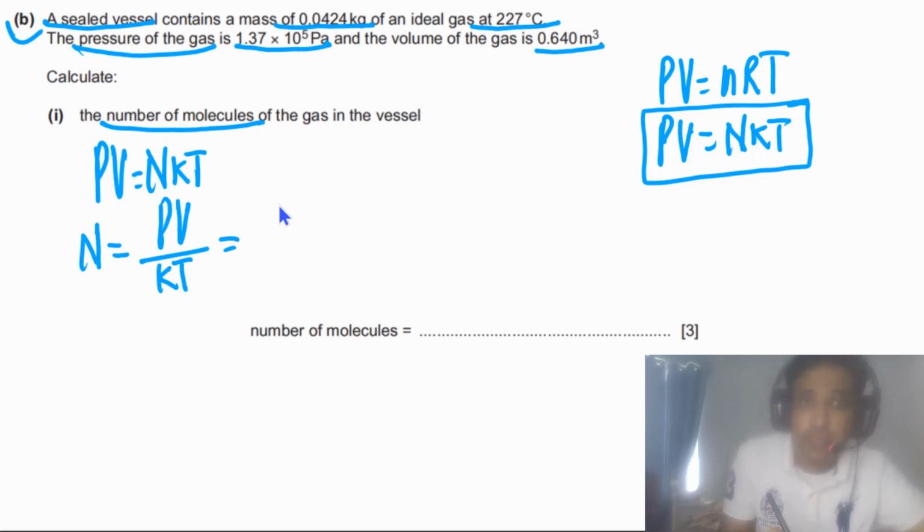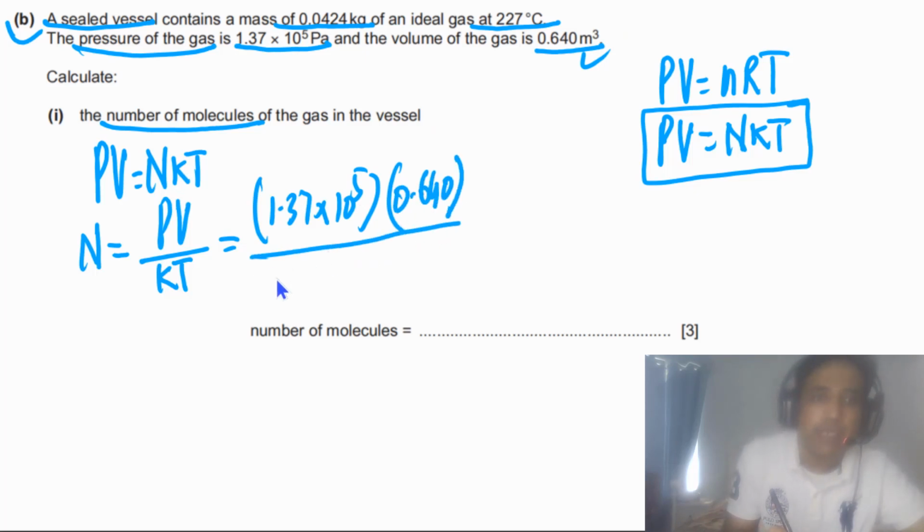Now simply we need to plug in values. The value of P is 1.37 times 10 to 5 and the value of V is 0.640, divided by k, which is a constant with value 1.38 times 10 to negative 23, times the temperature. It has to be in kelvins, because the given temperature is in degrees Celsius.